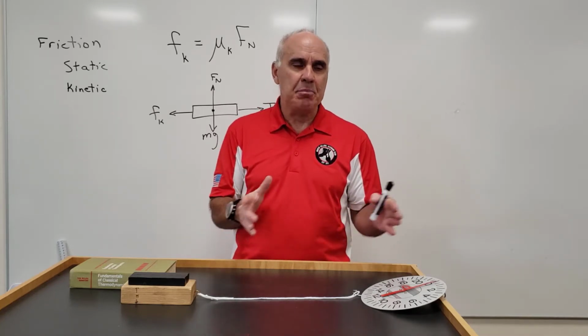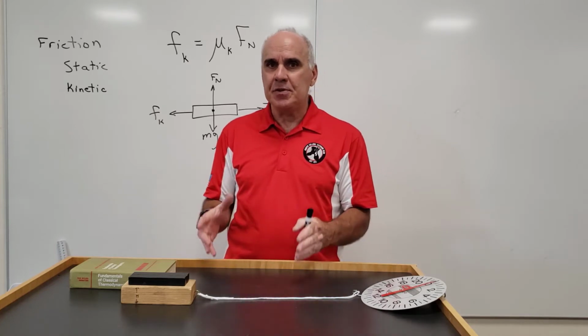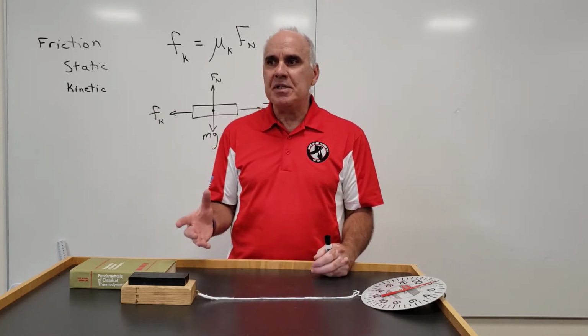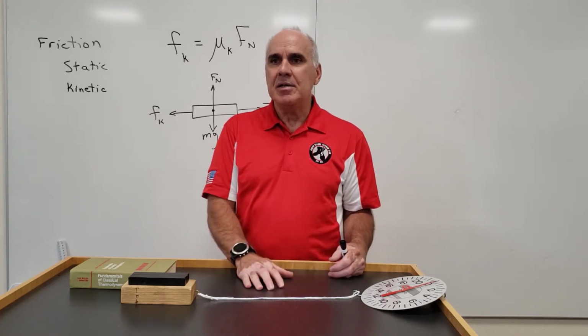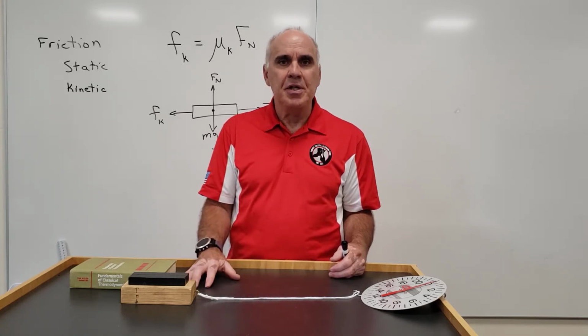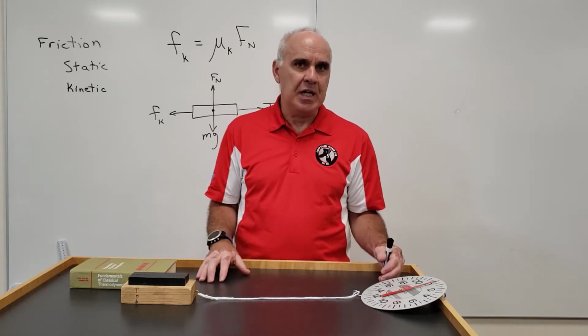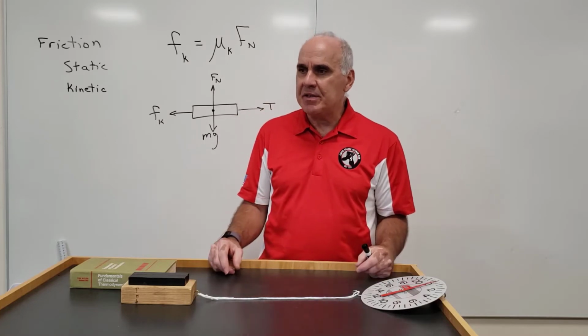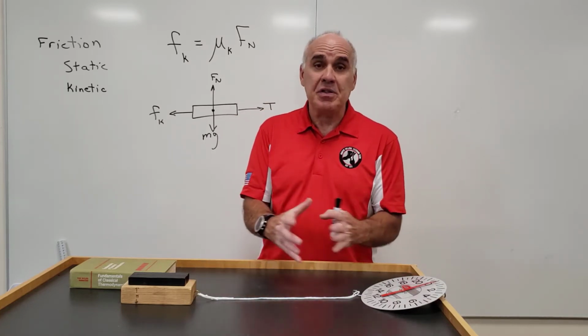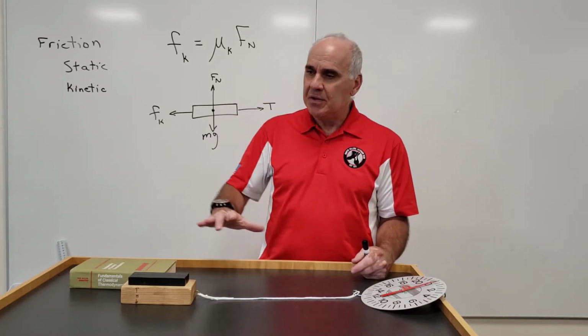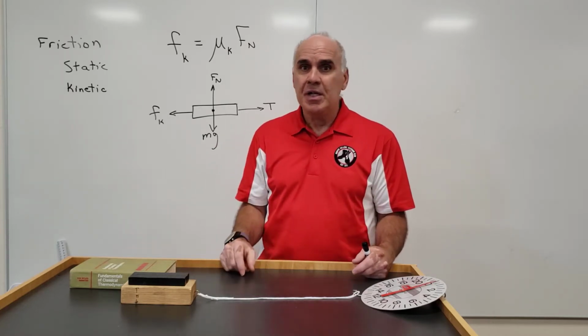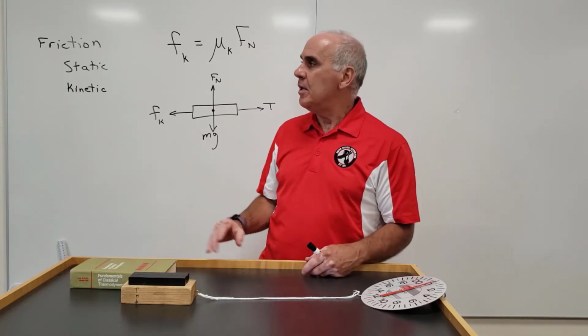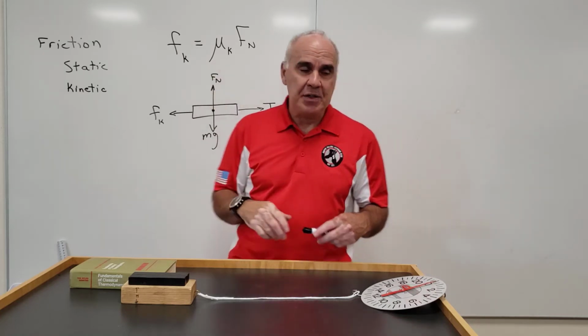It's going to be different for a bald set of tires than it is for tires with new tread. It's going to be different on chip sealed road versus asphalt versus concrete. Okay, so there's a variation in there, even with the same two materials, because the road over here and the road over here are going to be slightly different, okay? But we'll generally use a single value.